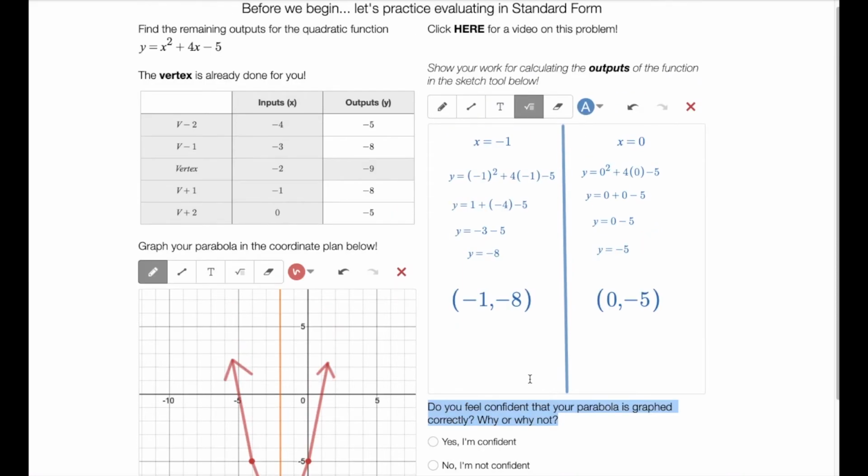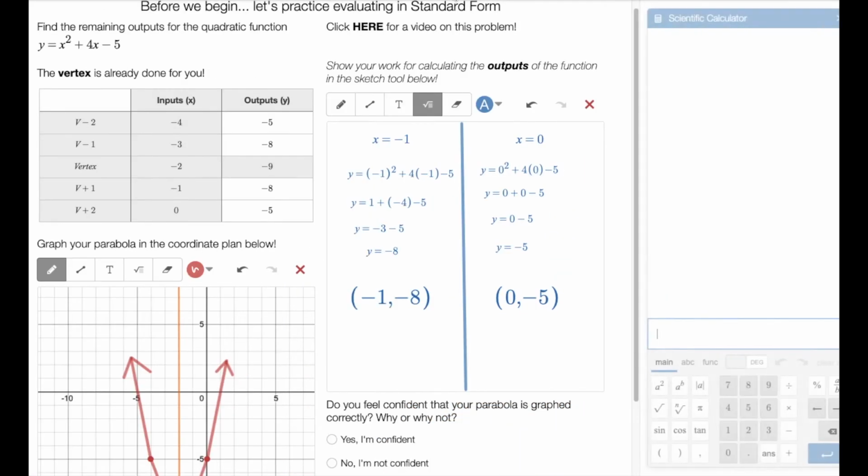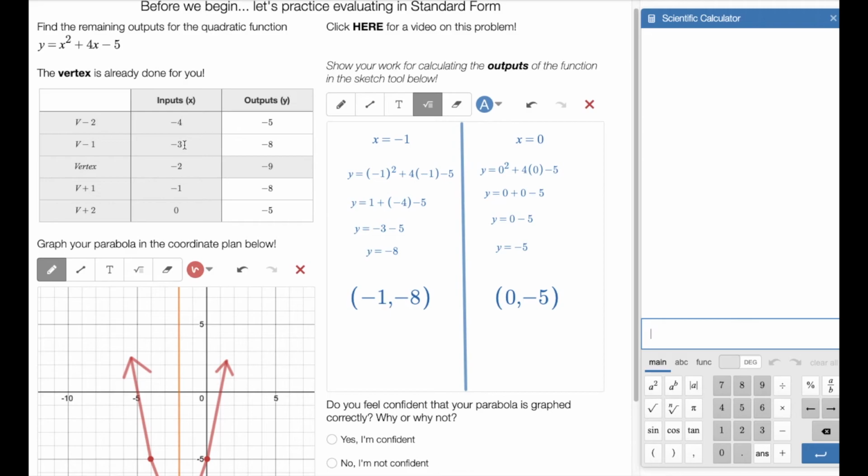So before I answer that question, I'm going to just double check my math by using the scientific calculator and plugging in -3 and -4 into this function. So coming over here, I'm going to do -3 squared. And it's very important to put the negative in parentheses when you're squaring it. Otherwise, it's not going to take it as a base of -3.